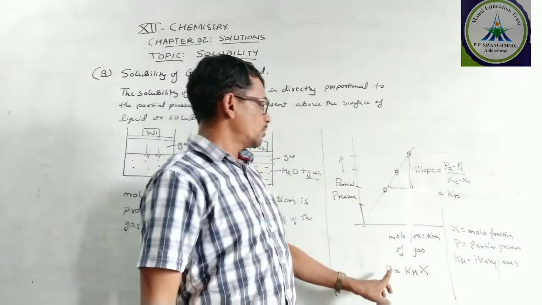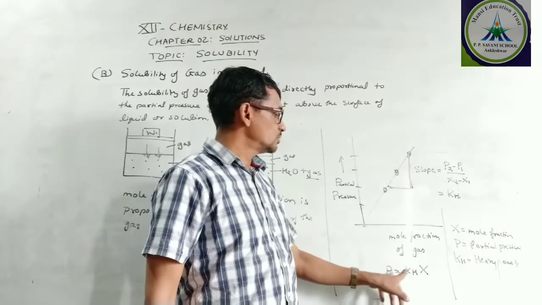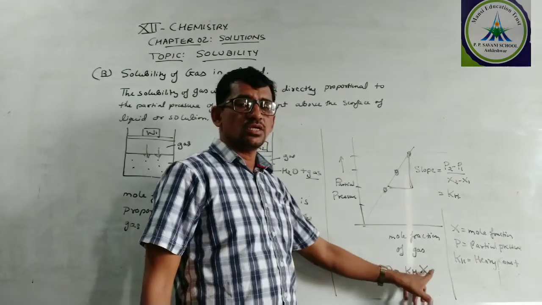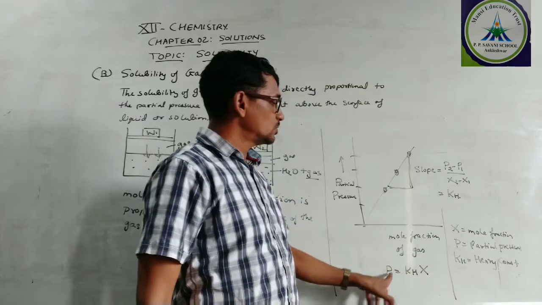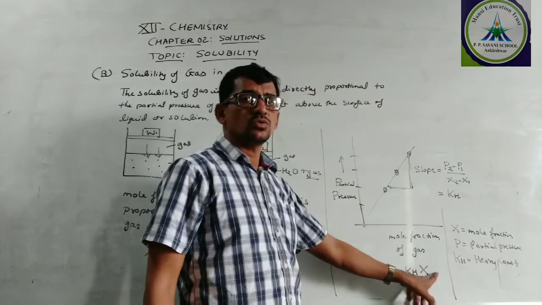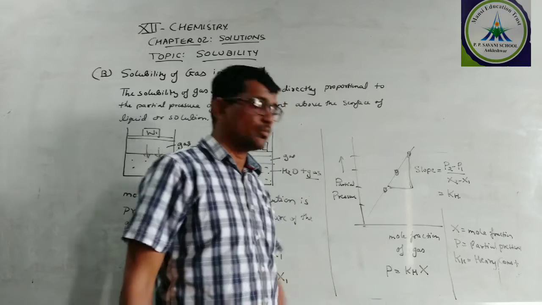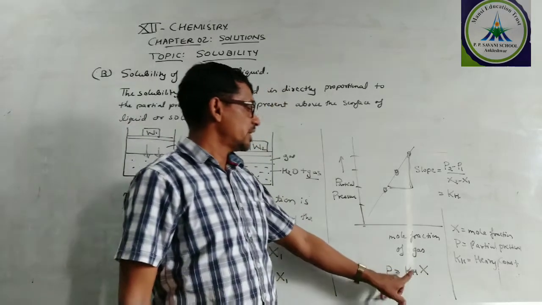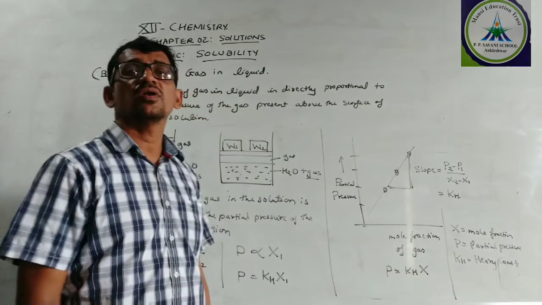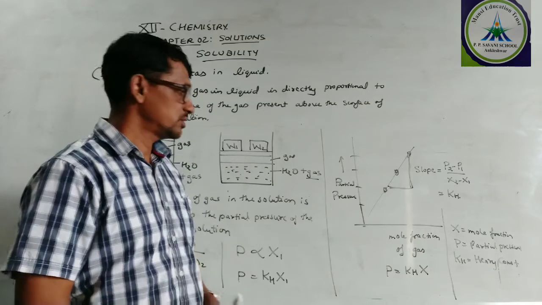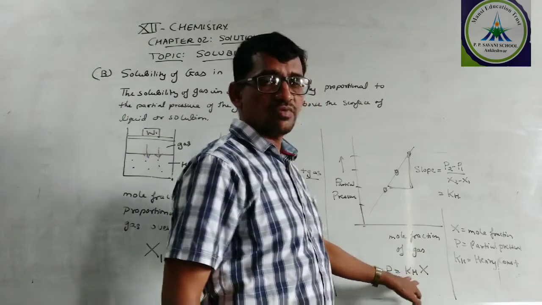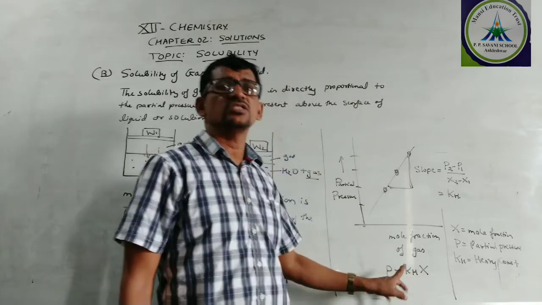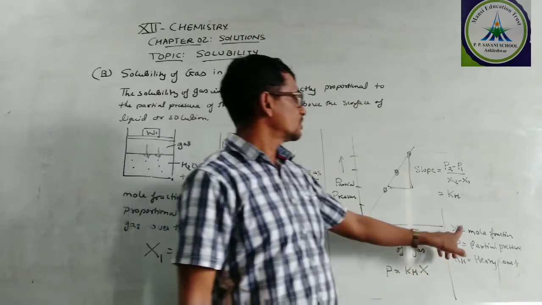So partial pressure is equal to Henry constant into mole fraction. For a particular solution the Henry constant is fixed; for different gases and different temperatures, different Henry constants are there. If temperature changes, this KH value will change.